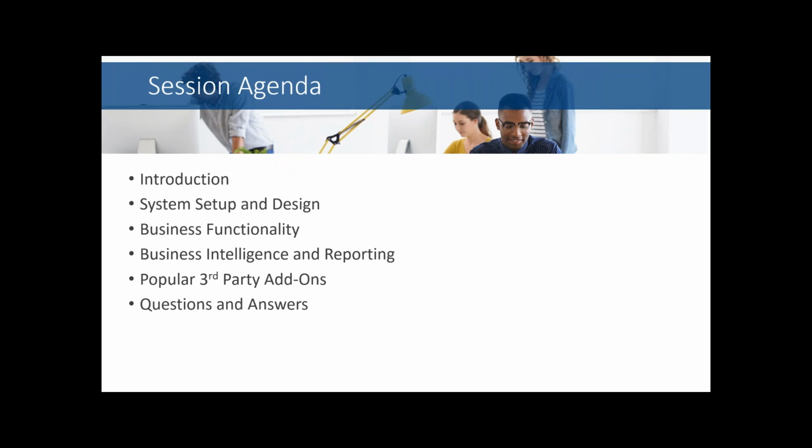So if you've ever thought, man, it would be great if GP could do this, but it doesn't, that doesn't mean that it can't be done. A lot of times there are some really good independent software vendors that have written applications to fill that niche for you. During and at the end, if you want to ask questions, I'm glad to answer them. If there's anything that we can't answer right now, we'll take notes and we'll make sure we follow back up.